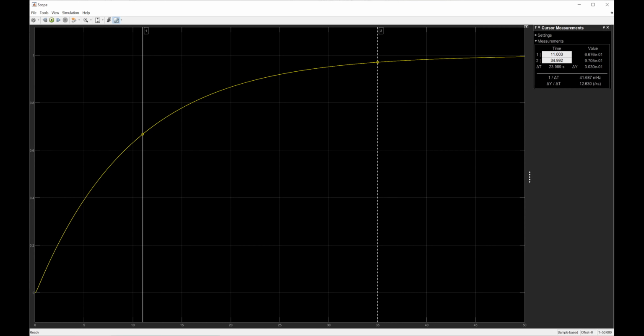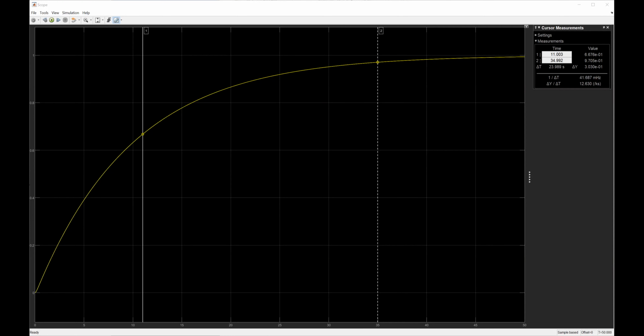Next, I want you to experiment with this. Change the value of damping and you will see that the response characteristic changes. One thing real quick I want to show you is to change this damping to a negative number.